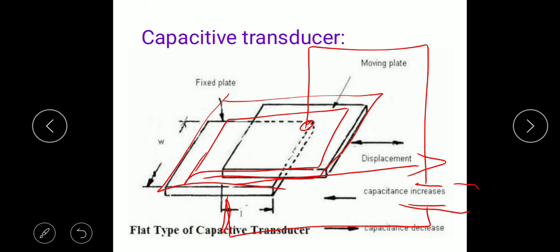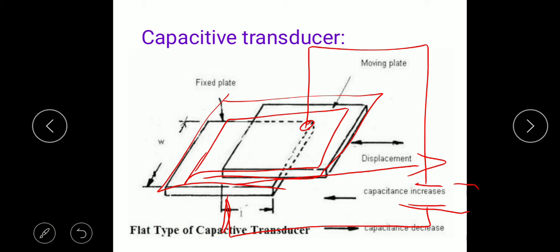If the moving plate moves from the initial position by a certain distance, and that displacement is maximum, then that will be D. Put that D value into the equation C is equal to epsilon A by D. So if D is maximum, then the capacitance will be minimum.